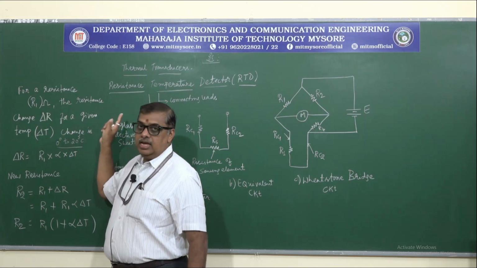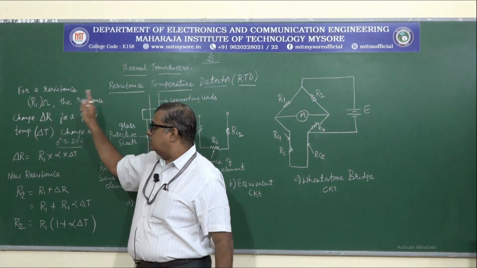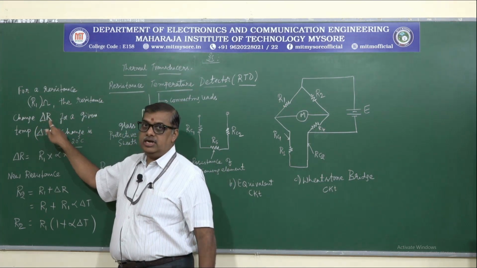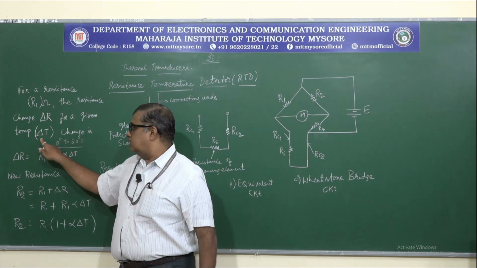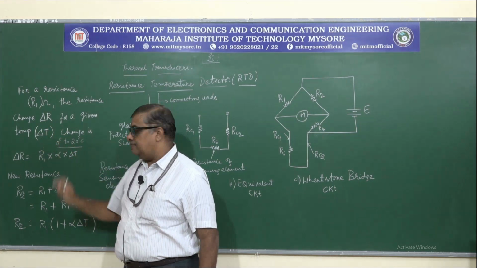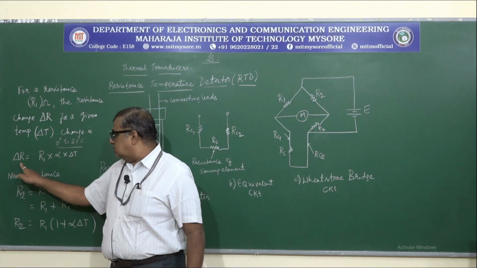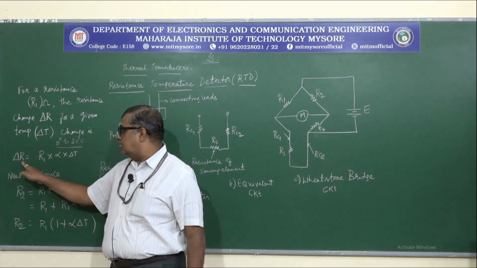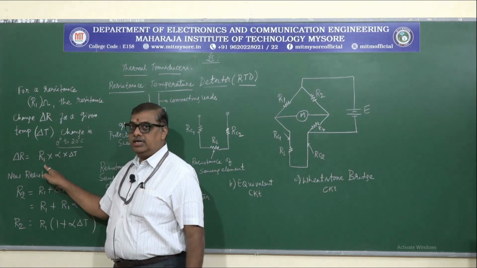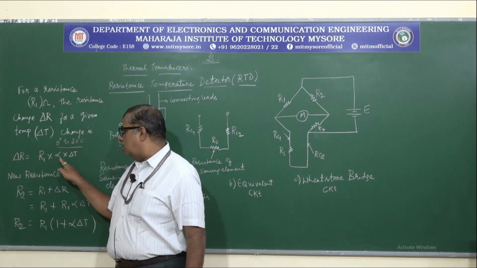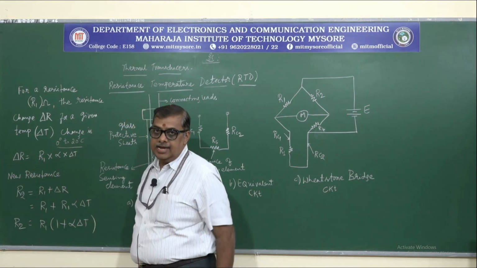When we heat the sensing wire, the change in resistance is delta R, and the change in temperature is delta T. The change in resistance is represented as delta R is equal to initial resistance into alpha into delta T.